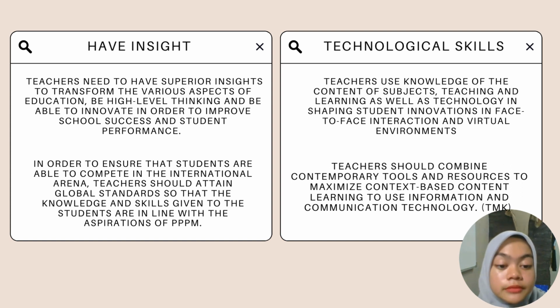Number four talks about technological skills, where teachers use knowledge of the content of subjects, teaching and learning as well as technology in shaping students' innovations in face-to-face interaction and virtual environments.